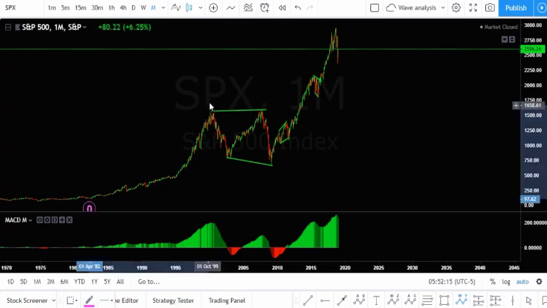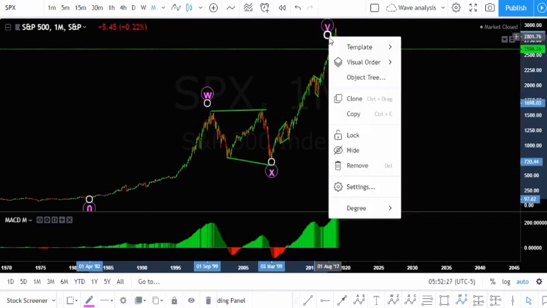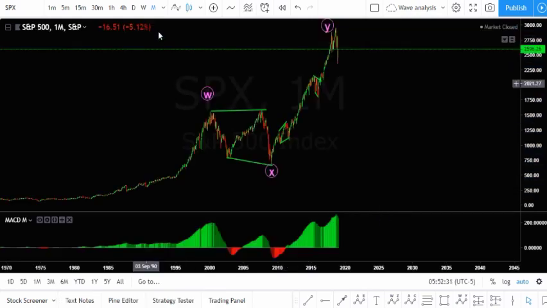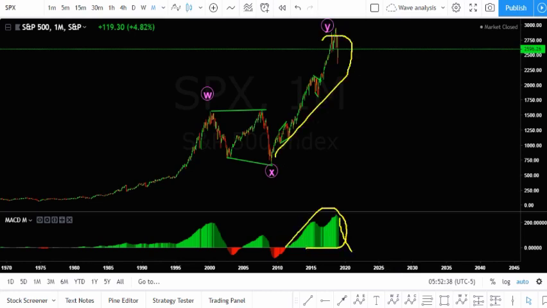start your 0 there, right? You can label this W, X, Y. Okay, and then this move over here that we're busy forming hasn't crossed over to the 0 line yet, so this is actually still forming, but for now you can label this WXY.